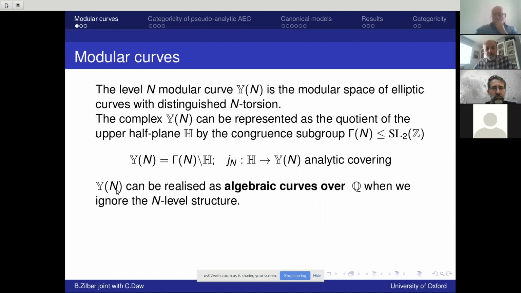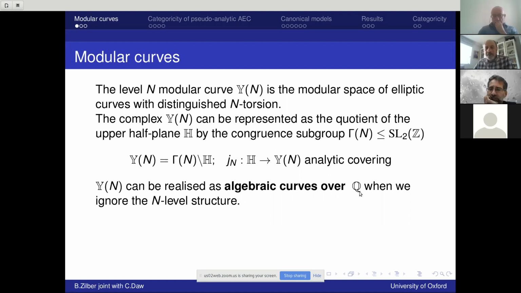But as a matter of fact, you can define this as an algebraic curve, not as a specifically level n structure, but as an algebraic curve.